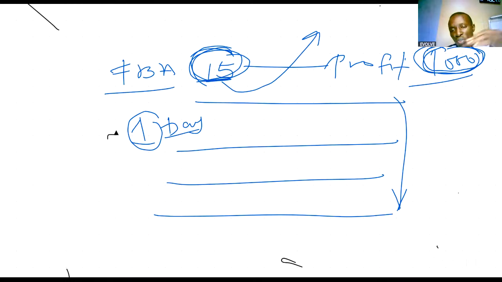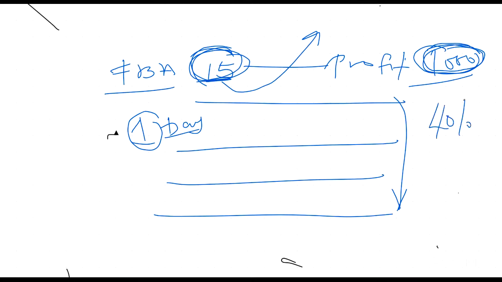By the end of the month, I have set a goal to make 40% of my capital, which is going to be $400. Now do this for me.